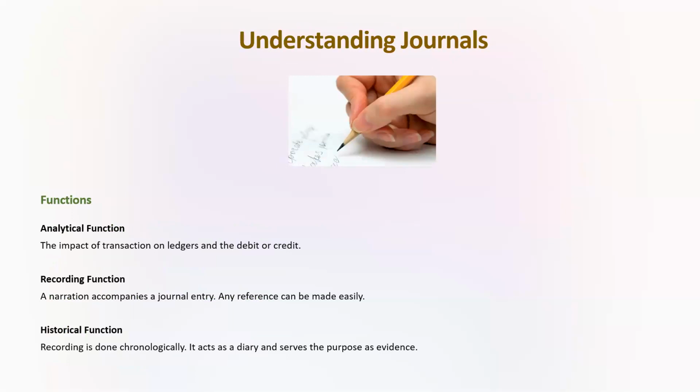It performs three basic functions: analytical, recording, and historical function. The analytical function is the impact of the transaction on ledgers and the debit or credit. That is, for each debit there is a corresponding credit.